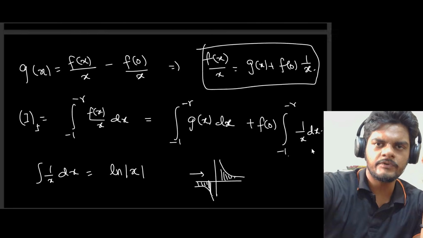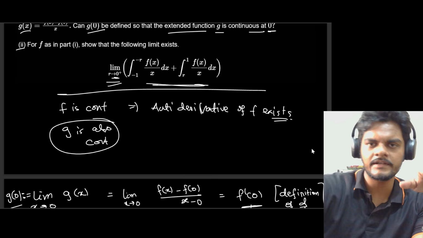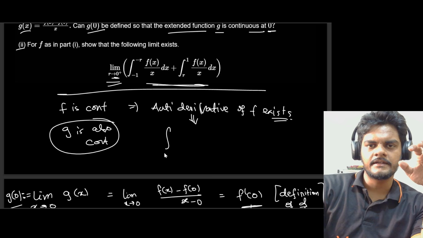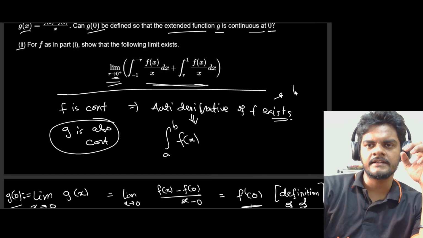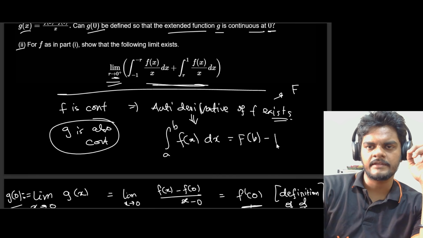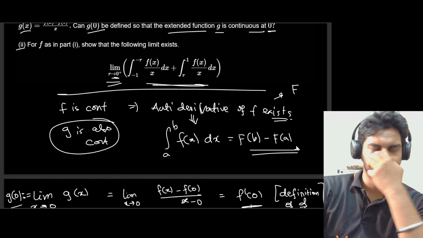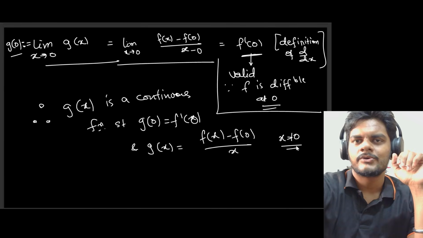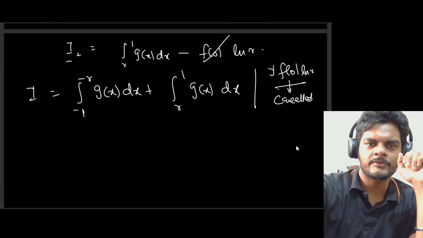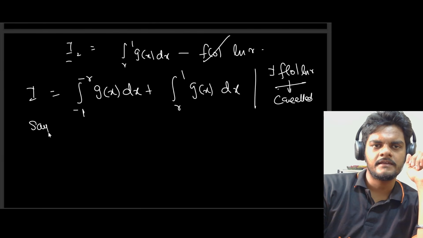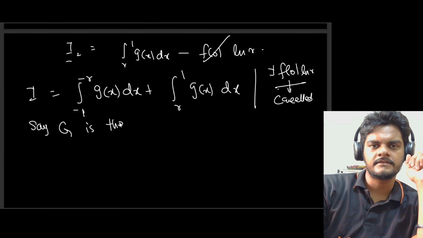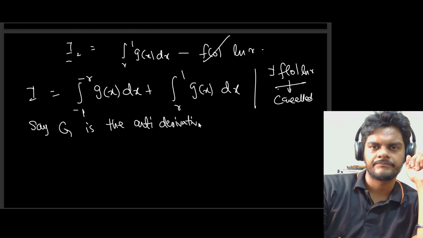Now you understand what is antiderivative. What is antiderivative? That implies integral from a to b f of x. Let's say this antiderivative is capital F. This happens to be capital F of b minus capital F of a. That is the antiderivative, right? So now I will use the antiderivative property. Let's say capital G is the antiderivative of g of x.